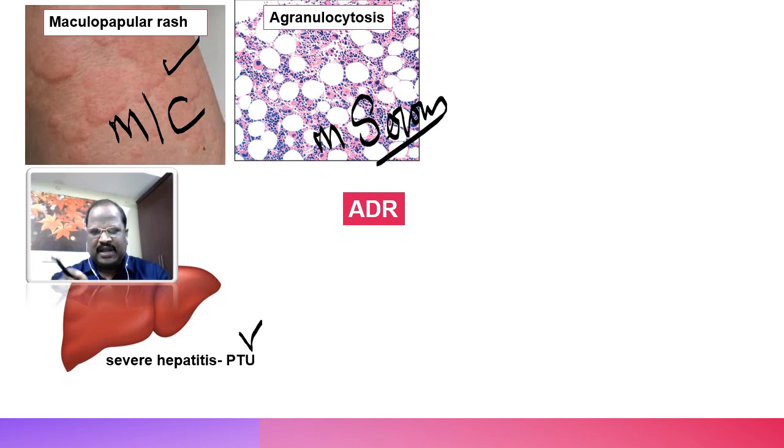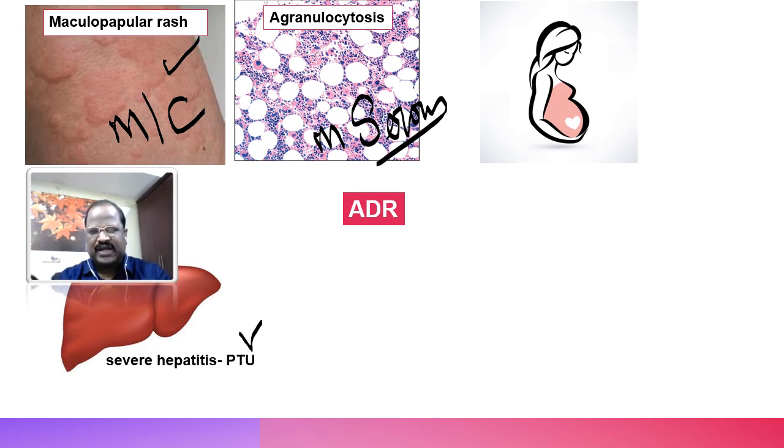So in addition to agranulocytosis, propylthiouracil causes more hepatotoxicity. But another point, all thioamides are unsafe in pregnancy. For treating hyperthyroidism in pregnancy, all thioamides are unsafe because all are teratogens.